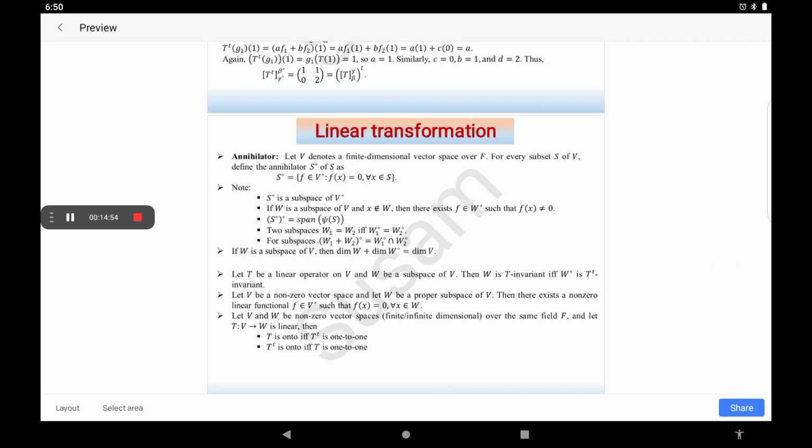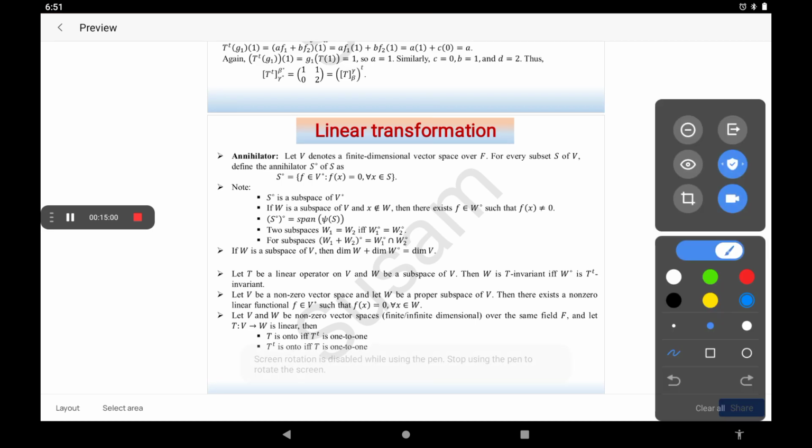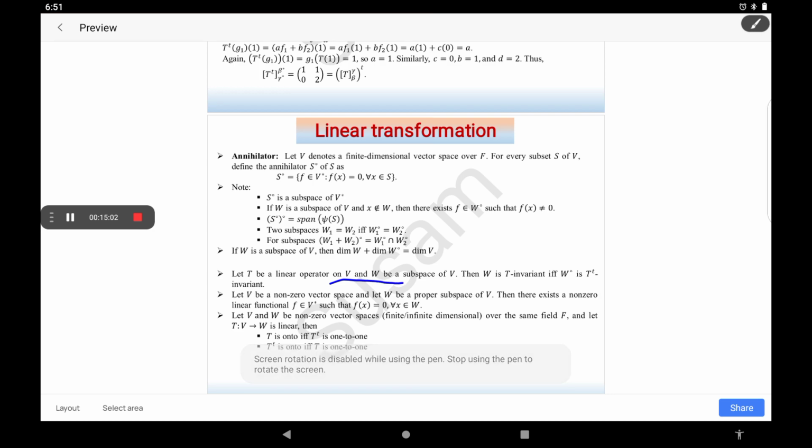Let T be a linear operator on V and W be a subspace of V. Then W is T invariant. T invariant I have mentioned earlier.